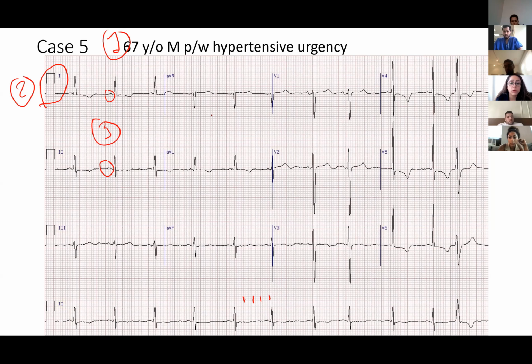The rhythm seems to be regular. Then we can check the axis. In this case, I would say we see an isobiphasic complex in D2, so it's going to be a normal axis.